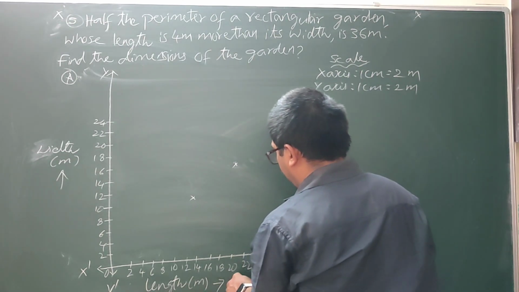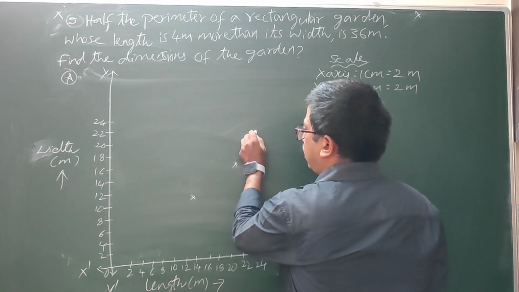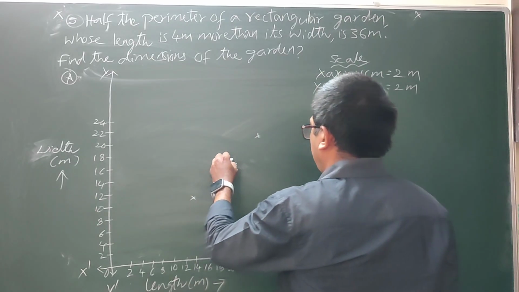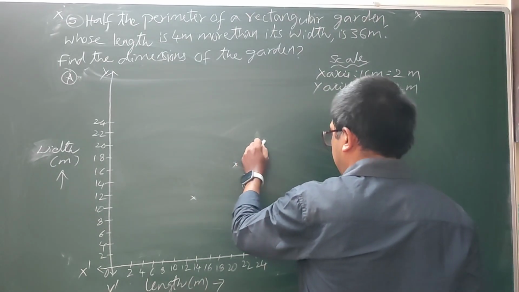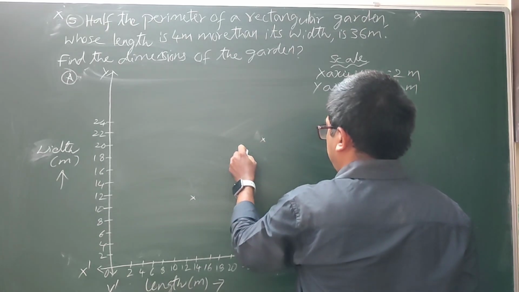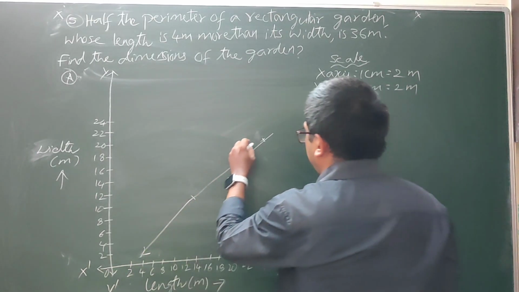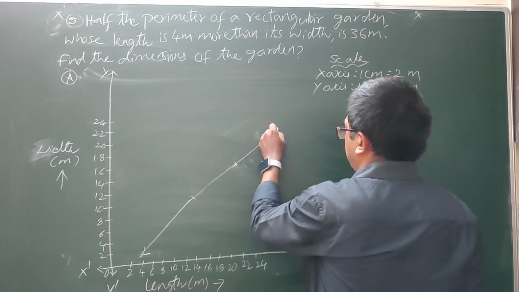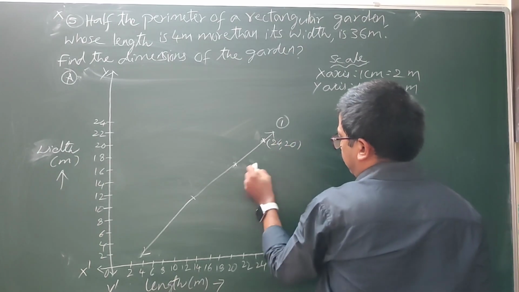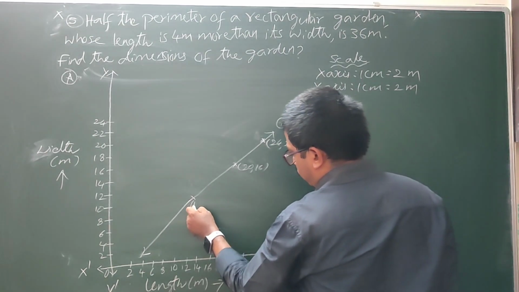Next for 24 it is 20. The equation passes through these points. Equation 1 passes through these points on graph. So this is 1. This is 24, 20. This is 20, 16. This is 14, 10.